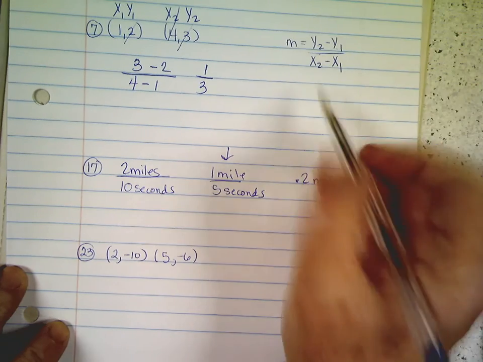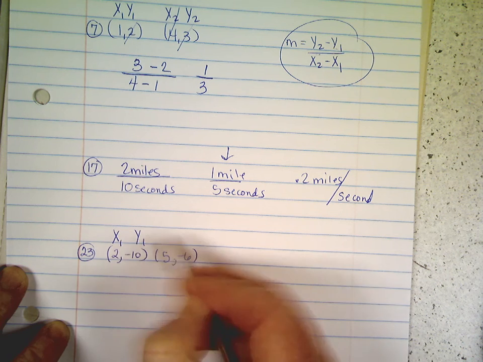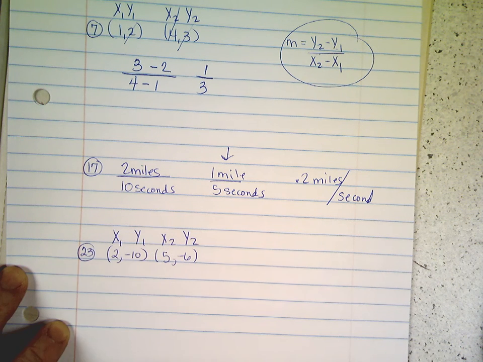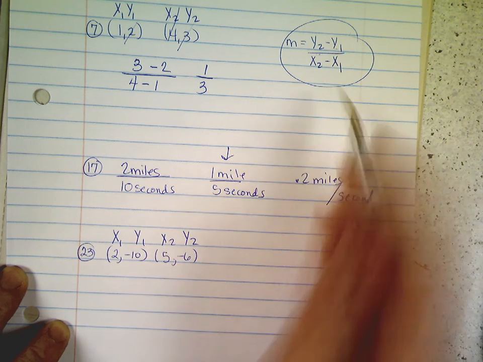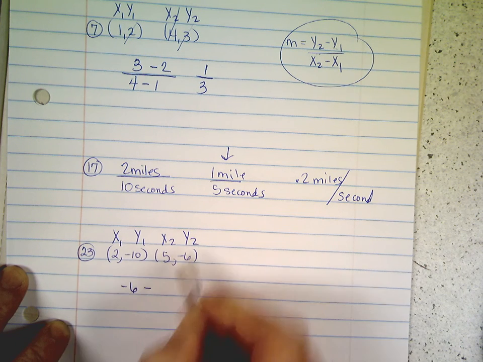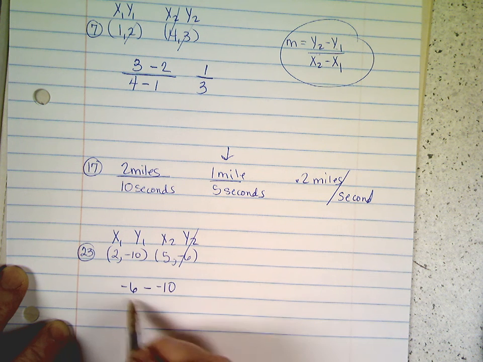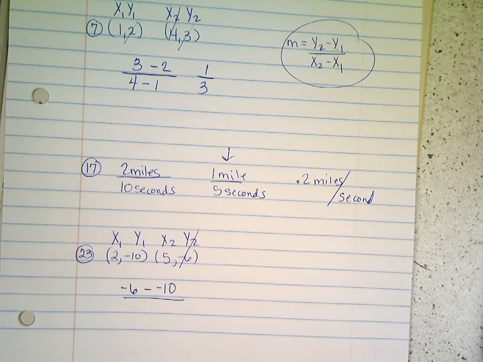23, we're going to use the formula again. There's x sub 1 and y sub 1, x sub 2 and y sub 2. And we're going to use them in this formula. So we're going to start with y sub 2, which is negative 6, minus negative 10. Now, when you put a negative 10 back there, eventually that's going to say negative 6 plus 10.